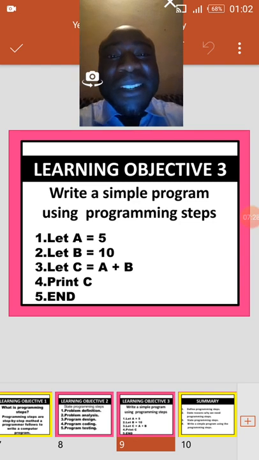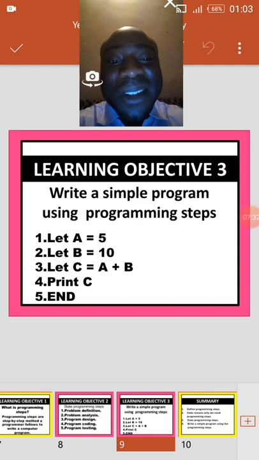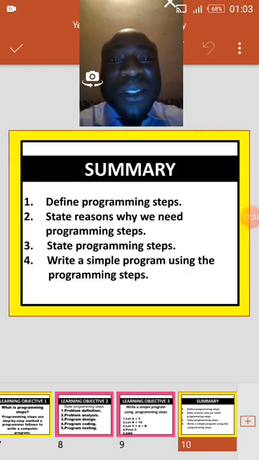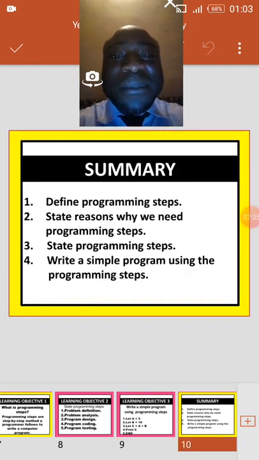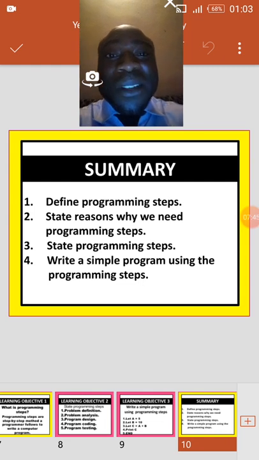Alright friends, that is what we have for today. I believe you enjoyed the class. In summary of everything we learned today, we looked at programming steps. We said programming steps are the step-by-step method a programmer follows to write instruction for the computer, or to write a computer program.